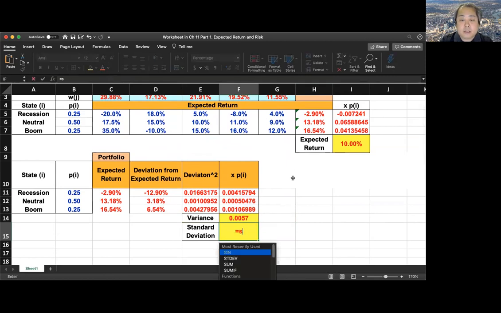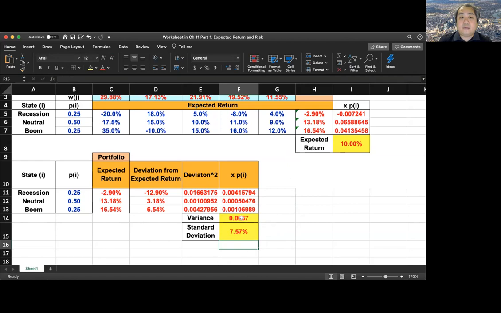Finally, take the square root of variance, 7.57% is standard deviation.